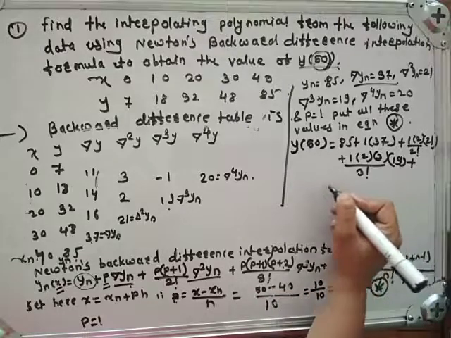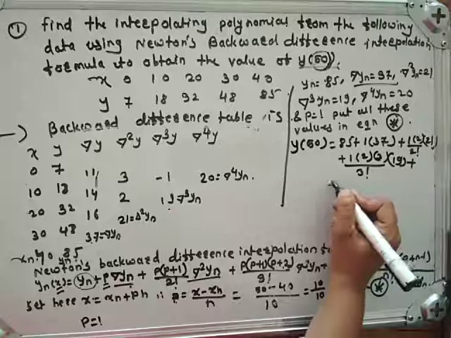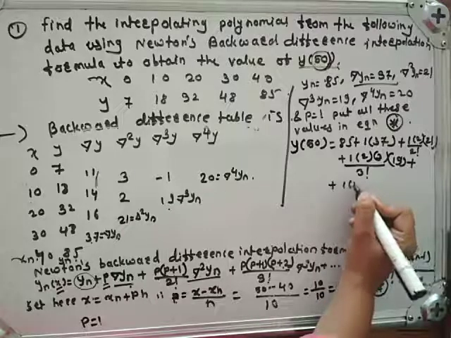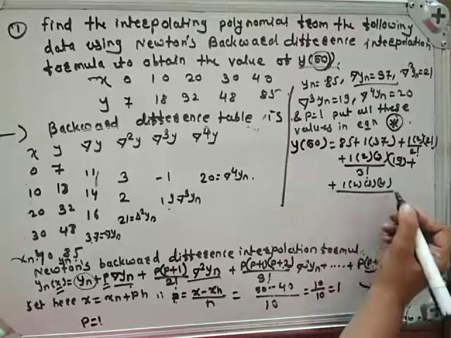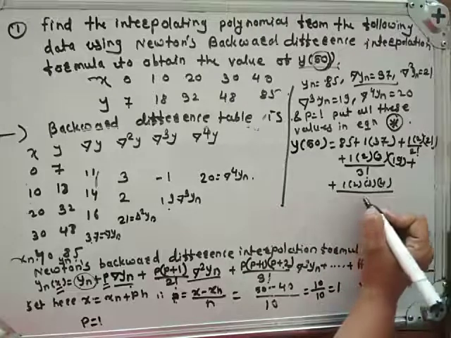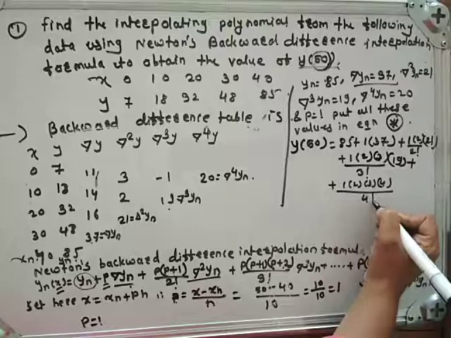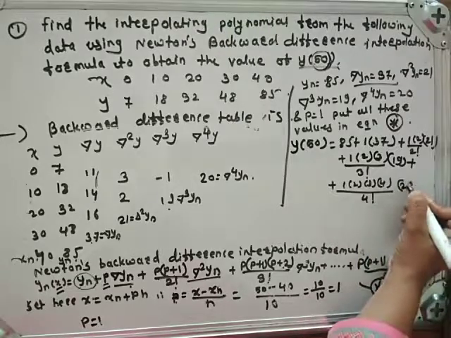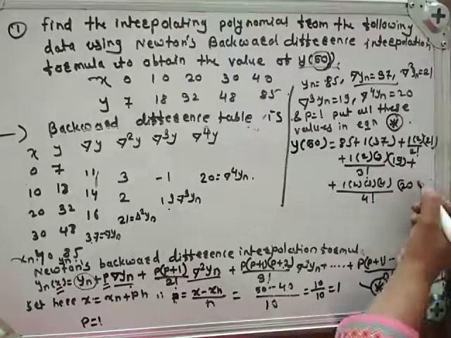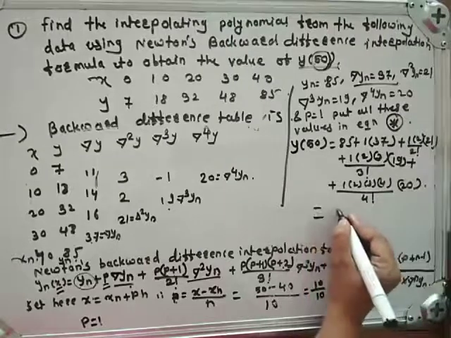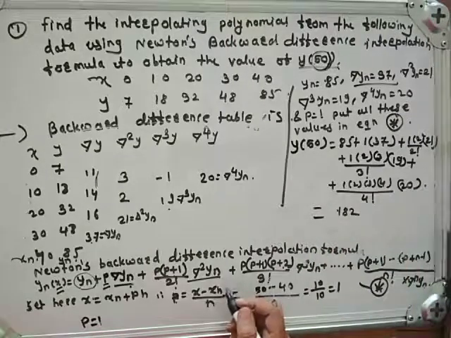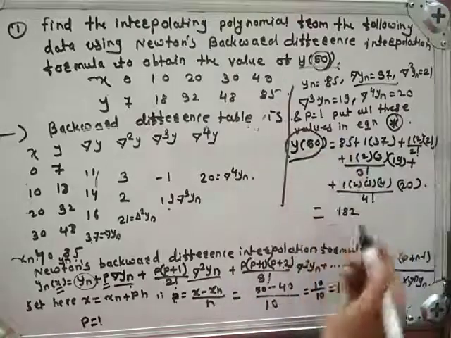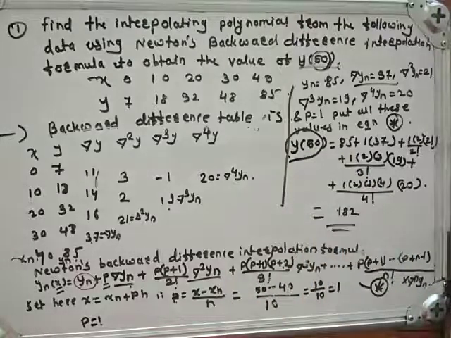So this will be plus 1 into 2 into 3 into 4 upon 4 factorial into del raised to 4 yn is 20. Okay. Simplify this, you will get 182. Y of 50 is 182.